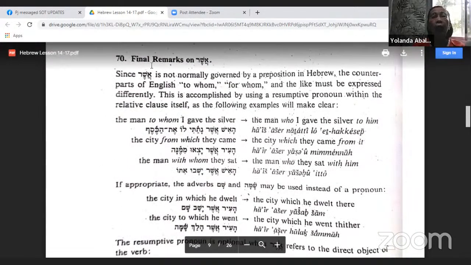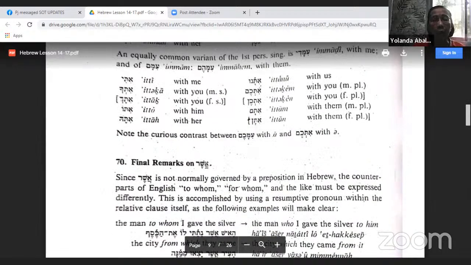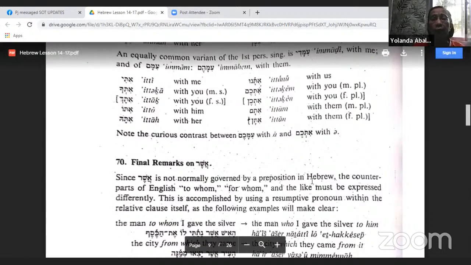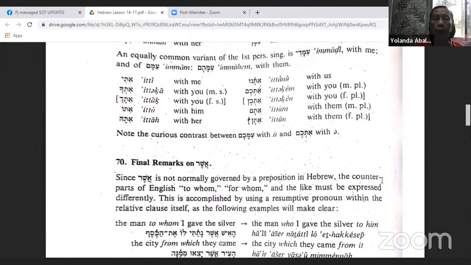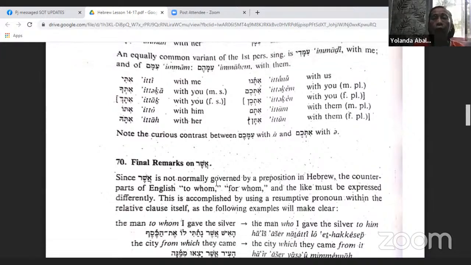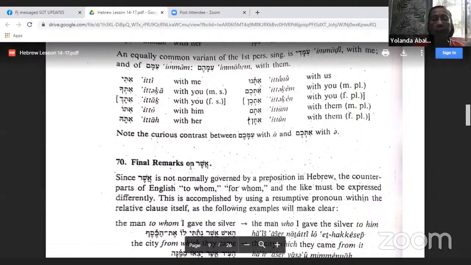Alright. Our final remark here is what we call asher. Asher, okay? Aleph, shin, resh: asher. Since asher is not normally governed by a preposition in Hebrew, the counterpart of English phrases with asher, meaning to whom, for whom, must be expressed differently.